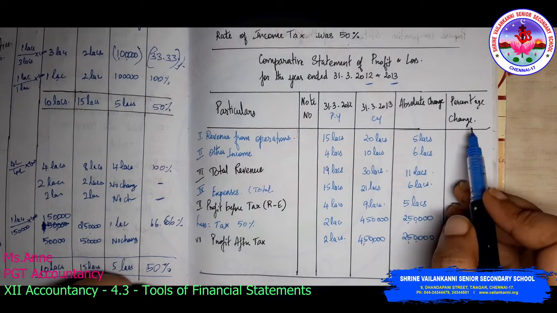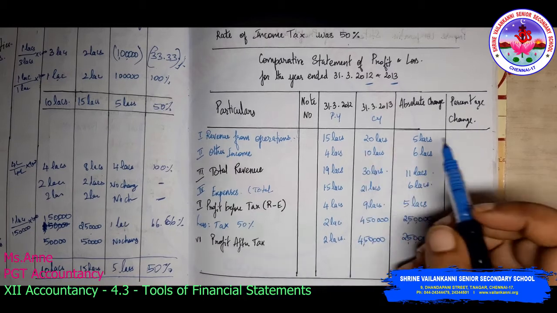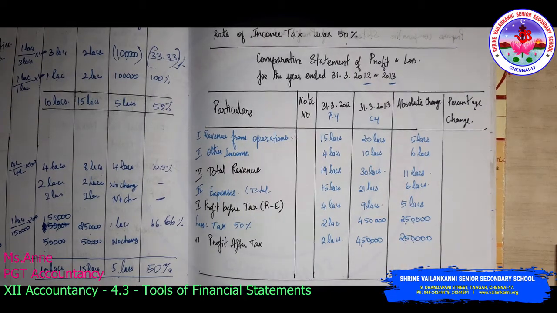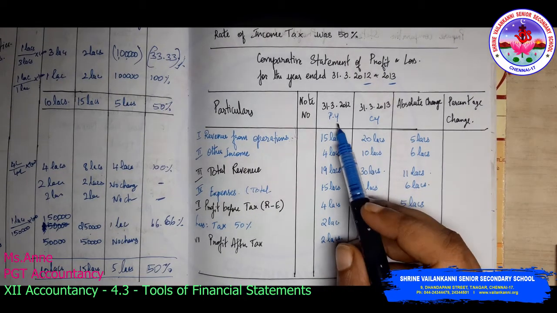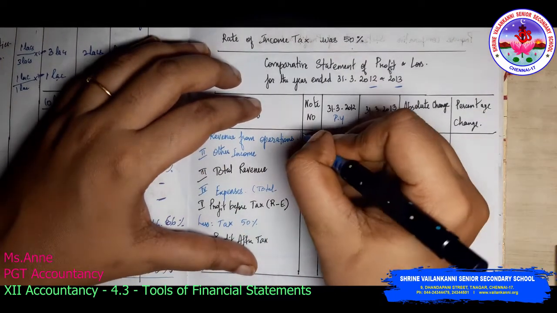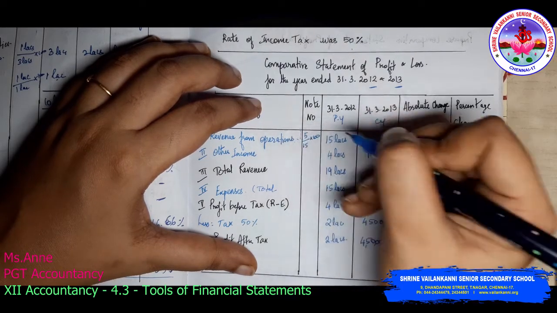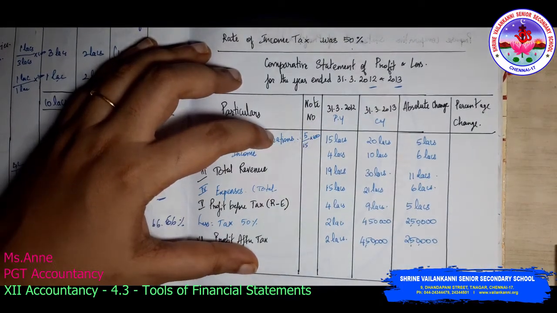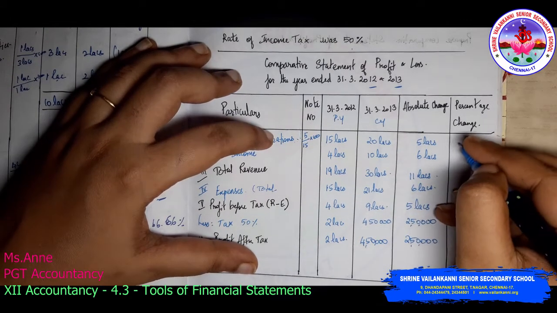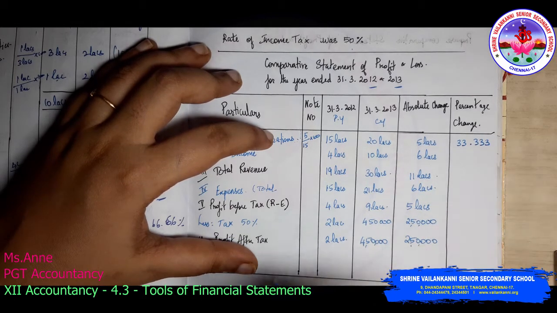Now we are going to find out the percentage change. What is the percentage change? Always take the previous year as the base figure. So I'm just going to write it here: 5 lakhs on 15 lakhs into 100. If I take 5 lakhs on 15 lakhs into 100, I'm getting 33.333%.